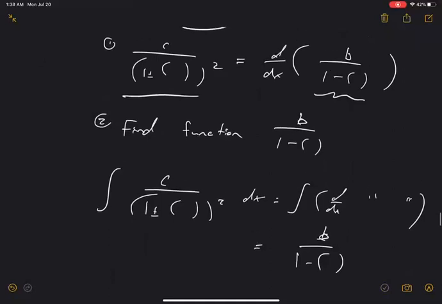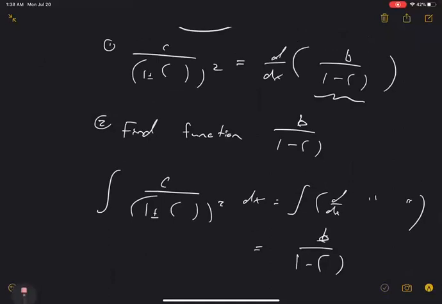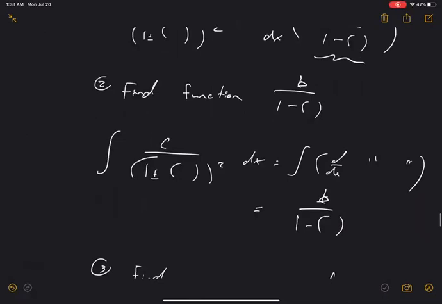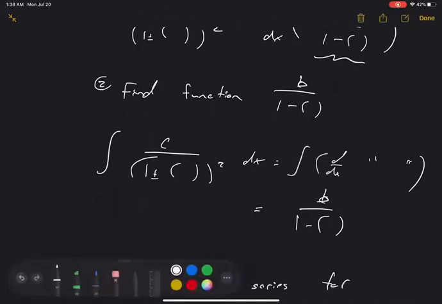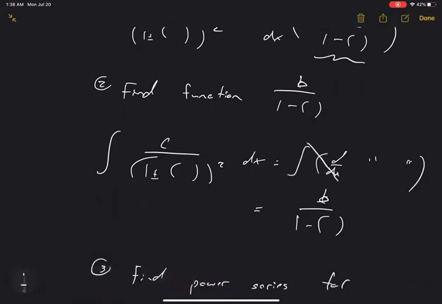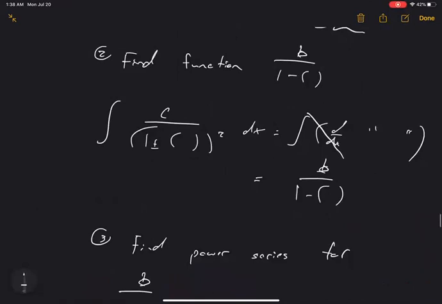So if I integrate both sides of this equation, I know what this function is, so I can integrate it. And what's happening on this side? The derivative sign and the integral sign are going to cancel out. And I'm just going to be left with my function.